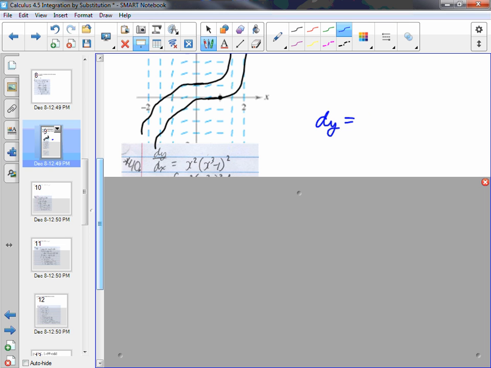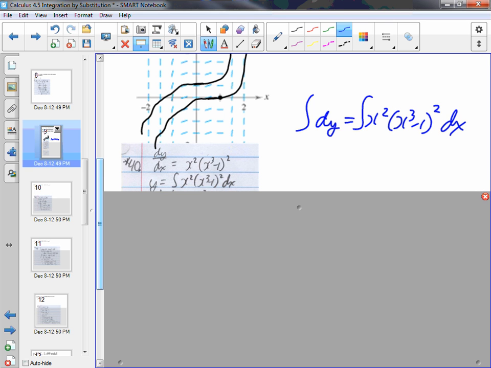So we'd get dy equals x squared times x cubed minus 1 quantity squared dx. Then we say, hey, let's take the integral of both sides. The integral of dy, the integral of the derivative of y, is y. So y equals the integral of x squared times the quantity x cubed minus 1 squared dx.